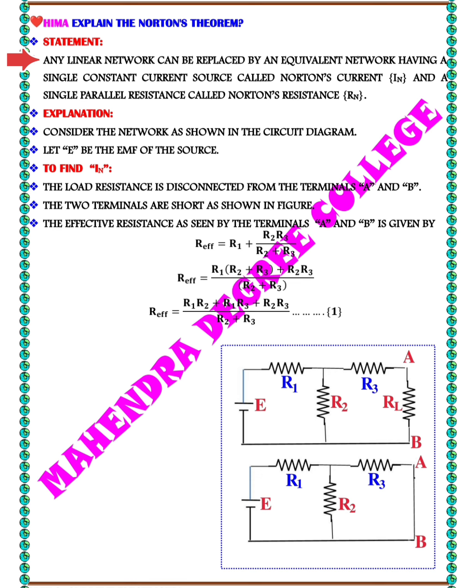In simple terms, Norton's theorem states that it is possible to simplify any linear circuit, no matter how complex, to an equivalent circuit with just a single current source and parallel resistance connected to a load.